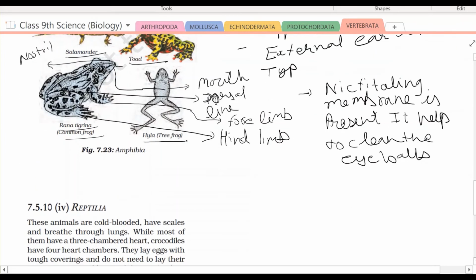Next one is reptiles. The skin of reptiles is completely rough and dry and covered with epidermal scales. So what is the specialty of reptiles?